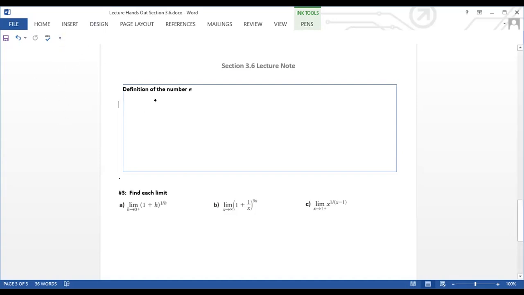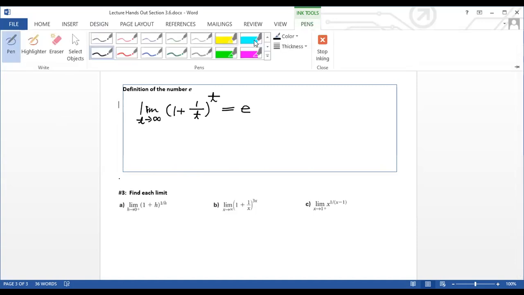Okay, so this is the definition of e. So this is how we define it with a limit, okay? If t approaches infinity, then this is 1 plus 1 over t, all right? And to the t exponent, then the whole thing here is going to approach e. Okay, so be careful.